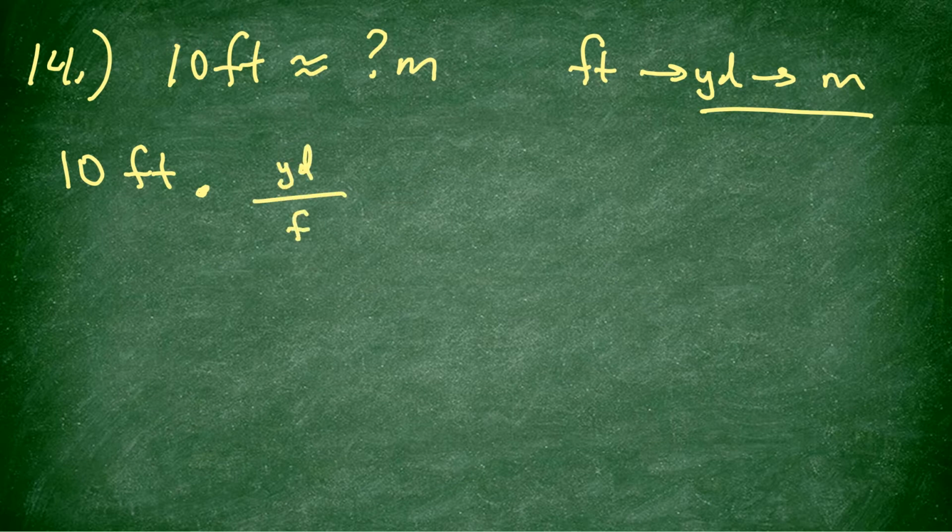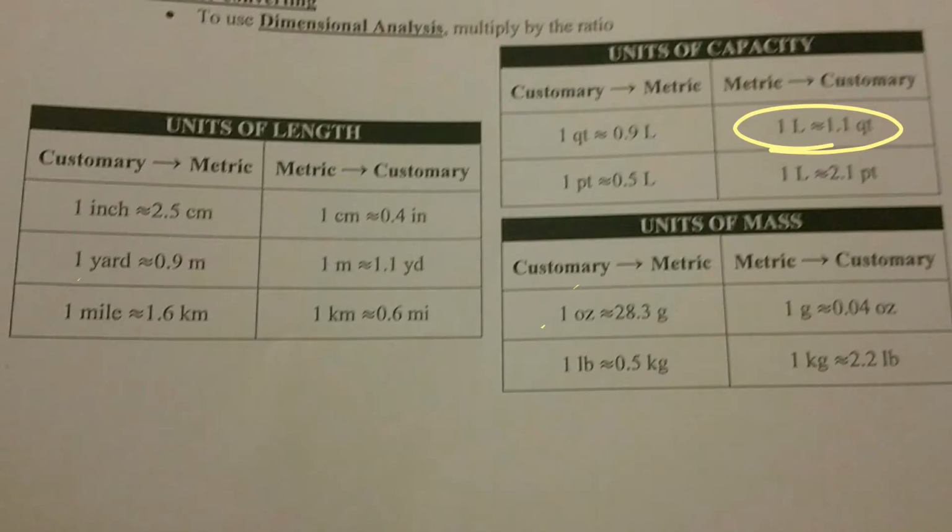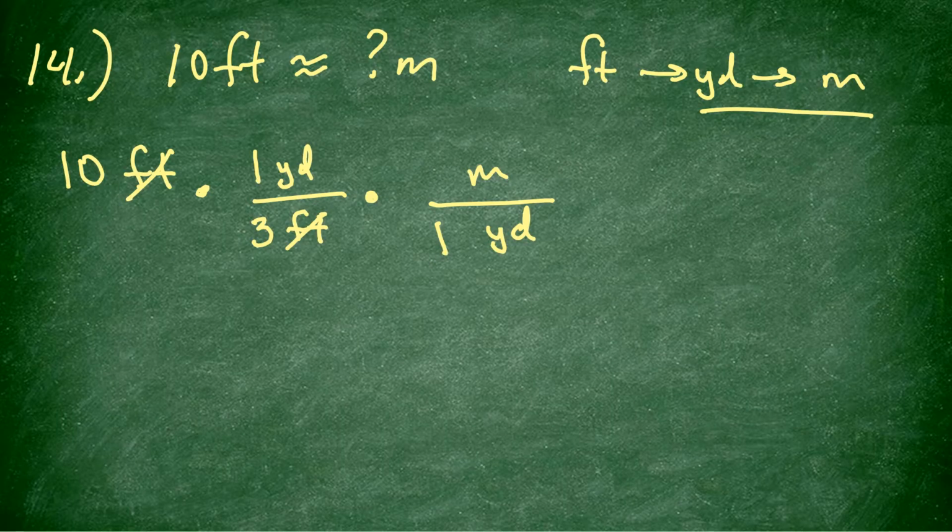I'm going to put feet on the bottom. So 1 yard is 3 feet. I'm going to multiply again because the feet went away, but now I want these yards to turn to meters. So I'm going to put meters on top, yards on bottom. I have 1 yard, and I'm going to double check, and I'm looking right here. 1 yard is 0.9 meters. All right. So 1 yard is 0.9 meters.